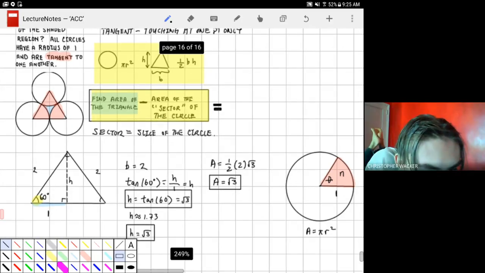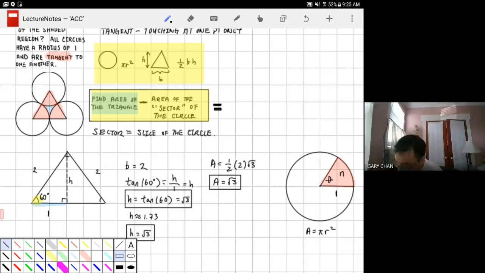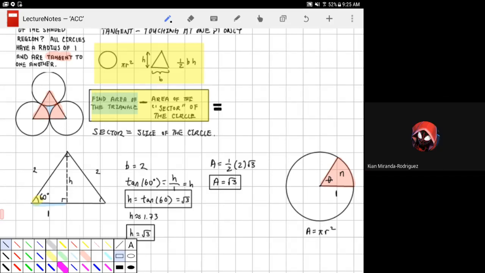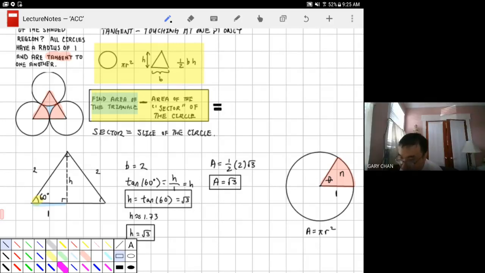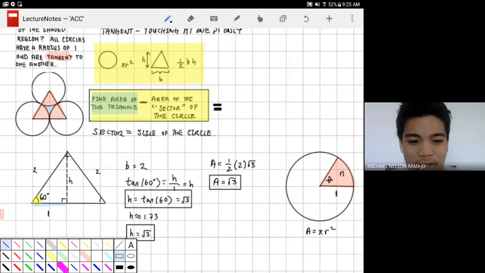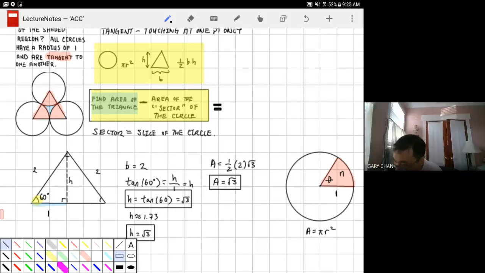What was the area of the equilateral triangle? Radical 3. It is indeed radical 3.